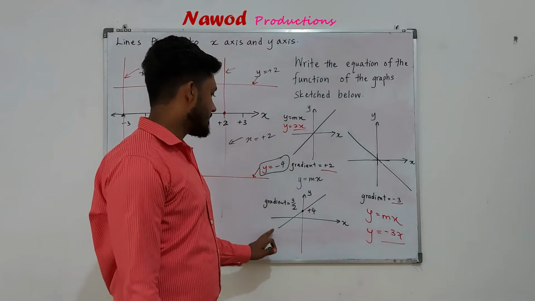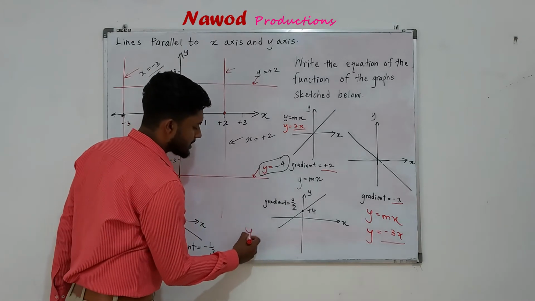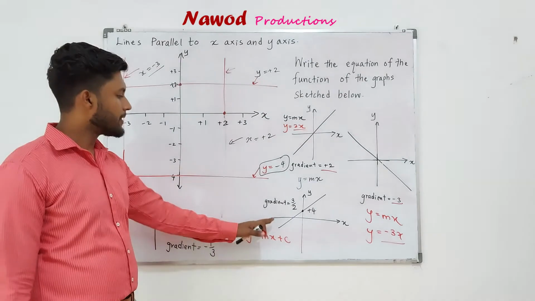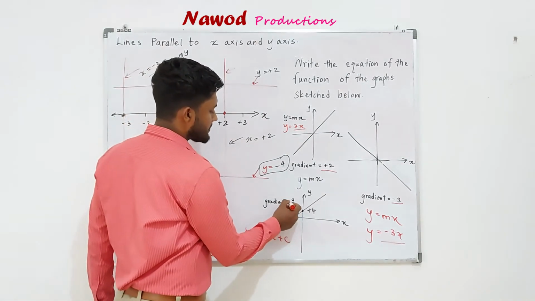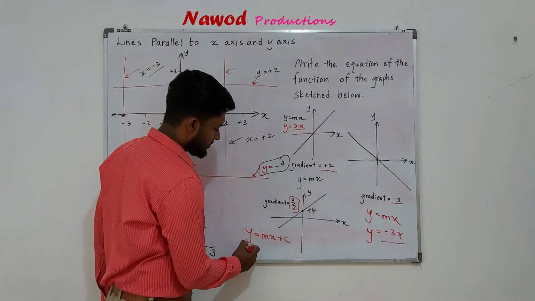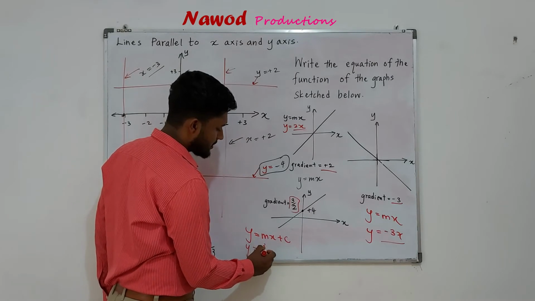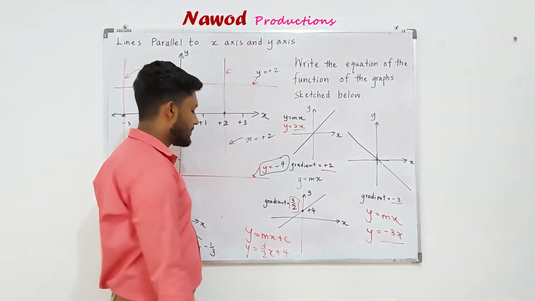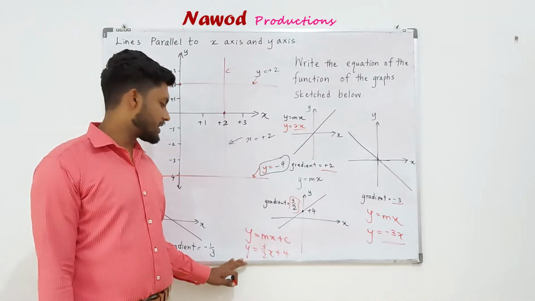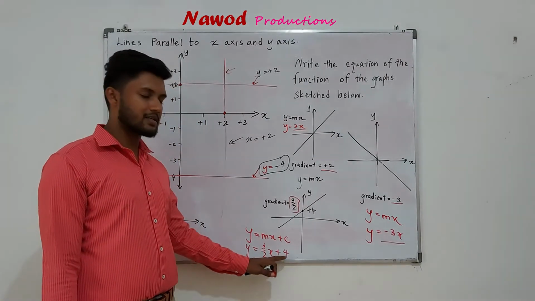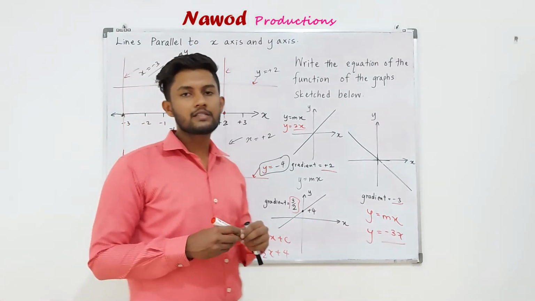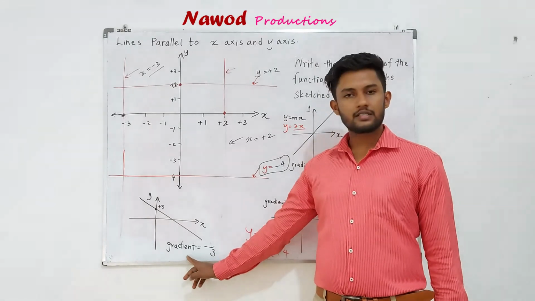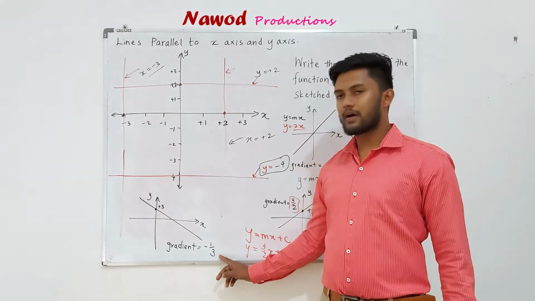Then here you have y equal mx plus c equation in this line. They have given the gradient 3 over 2. The intersection point is plus 4. So the equation of this line is y equal 3 over 2x plus 4. Next you can get the straight line, that is the gradient equal to minus 1 over 3.